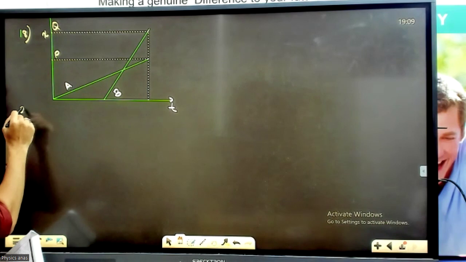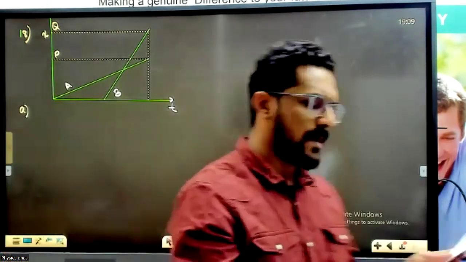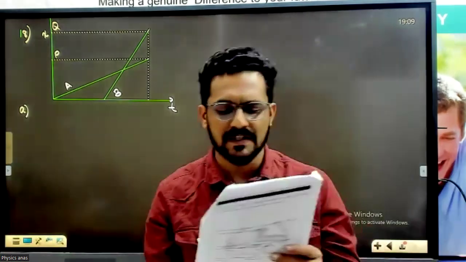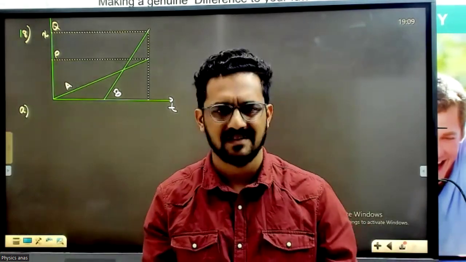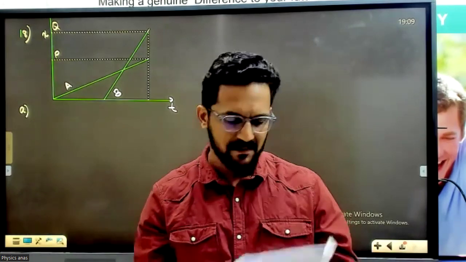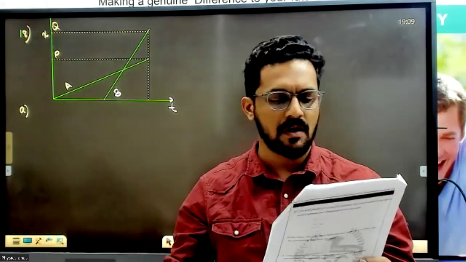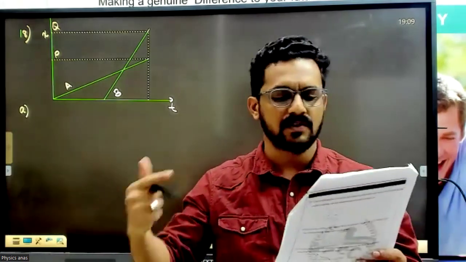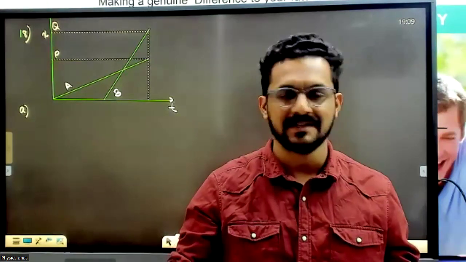First, question number A. It is saying that A lives closer to the school than B, or B lives closer to the school than A. Which is the correct option? That is the question.